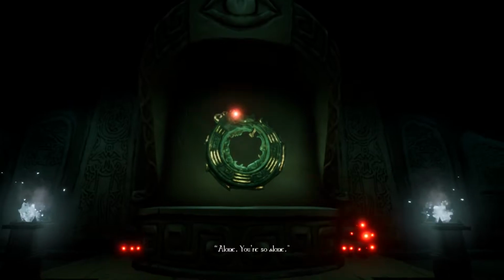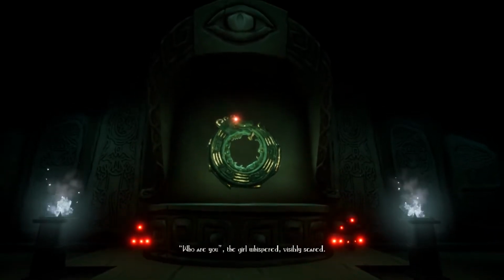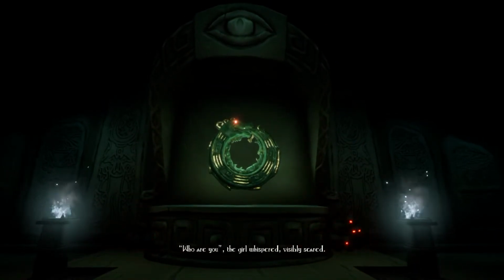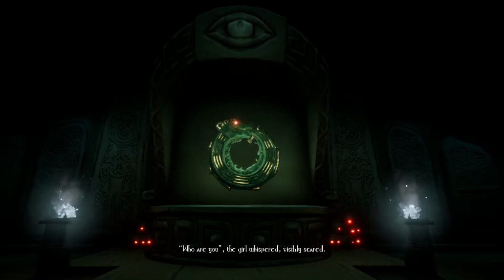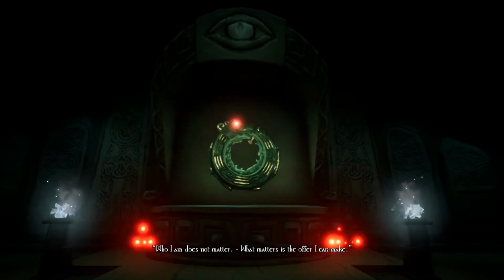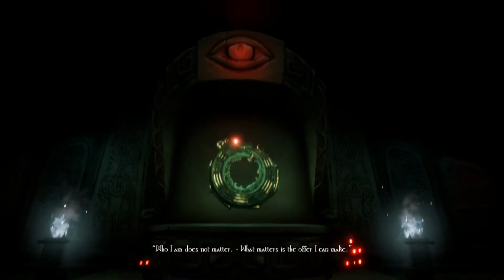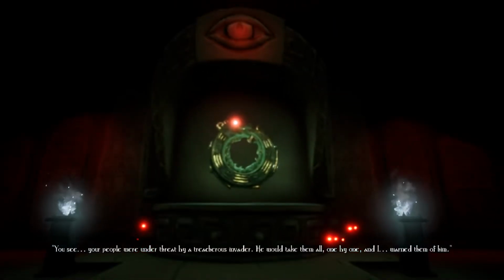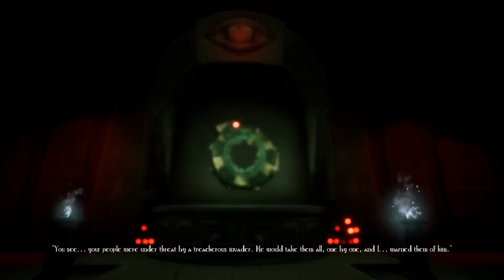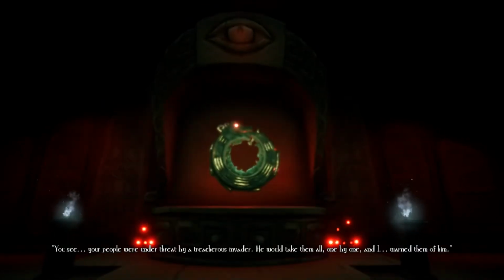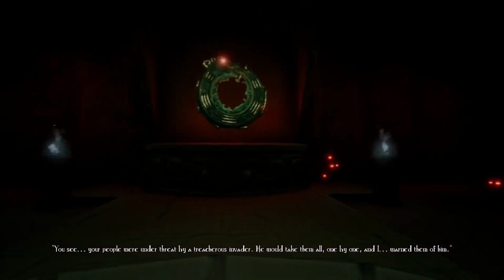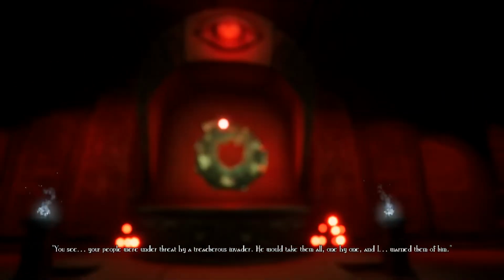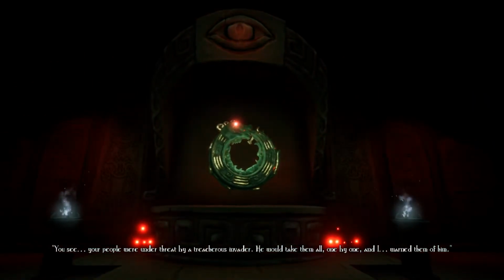Alone. You're so alone. Who are you? The girl whispered, visibly scared. Who I am does not matter. What matters is the offer I can make. You see, your people were under threat by a treacherous invader. He would take them all, one by one, and I warned them of him.